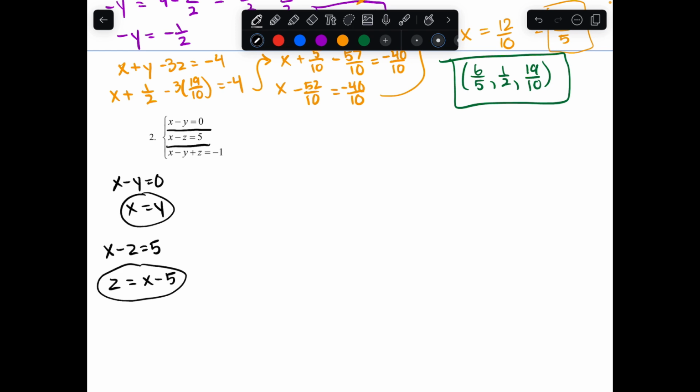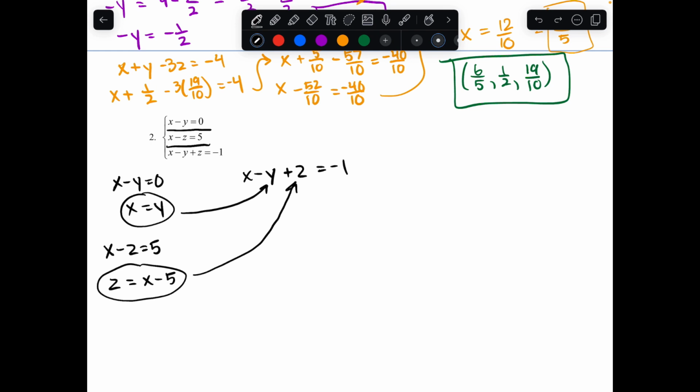So if I then take my third equation, we have x minus y plus z is equal to -1. I can replace my y with x, and I can replace my z with x minus 5. If I do that, I'm going to have one equation with one variable, as in I can figure out what the value of x is.